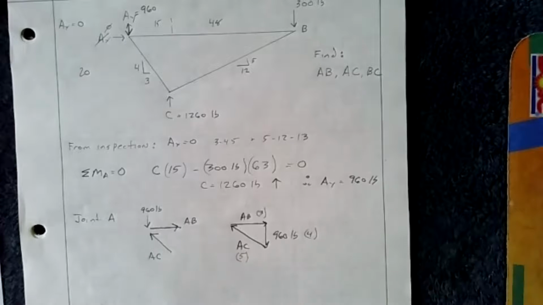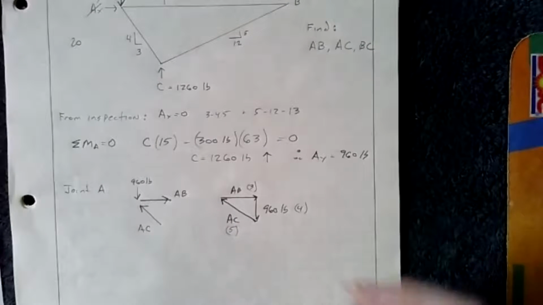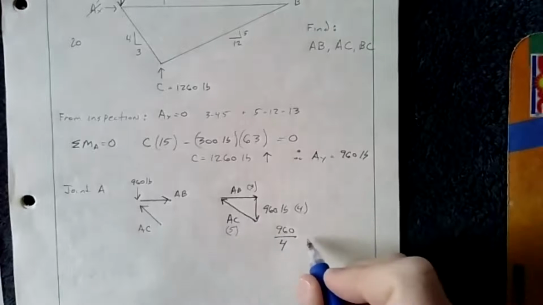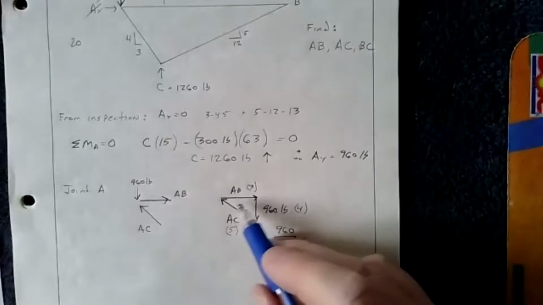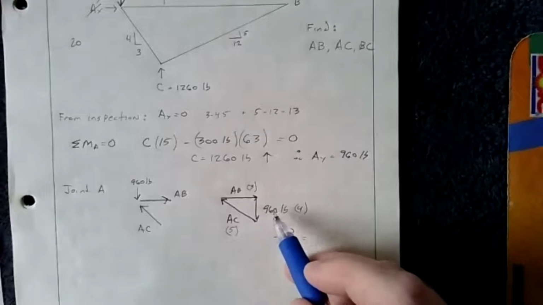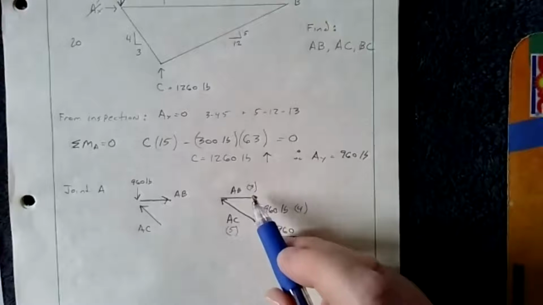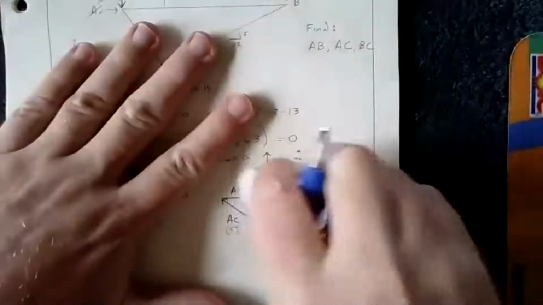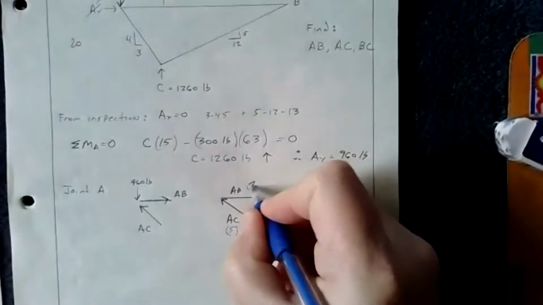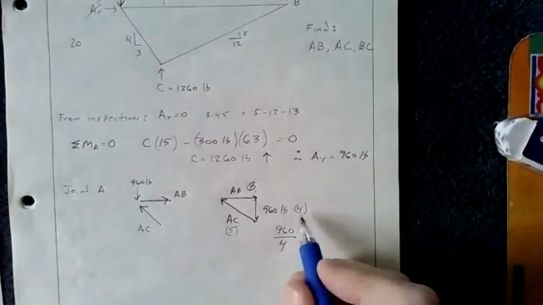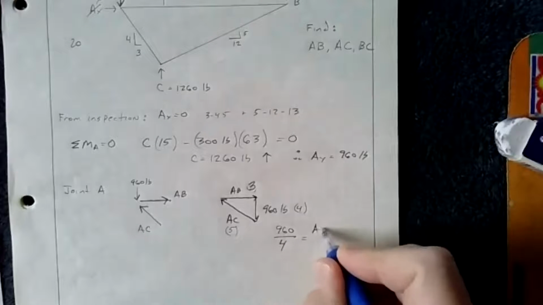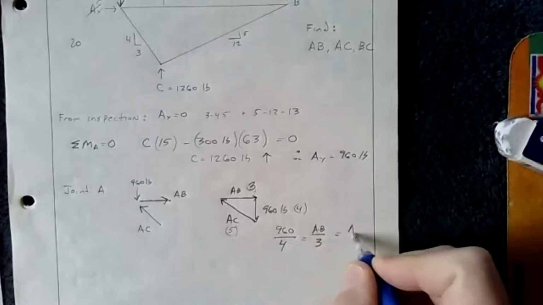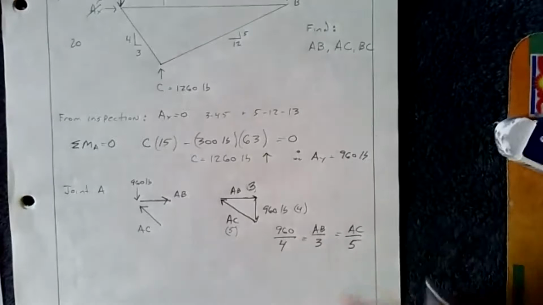So we could say 960 is to 4, and this is just how you do any triangle, taking the proportionality of the sides. So this is a 3, by the way, sorry. And so you'd say 960 is to 4 as AB is to 3 as AC is to 5.